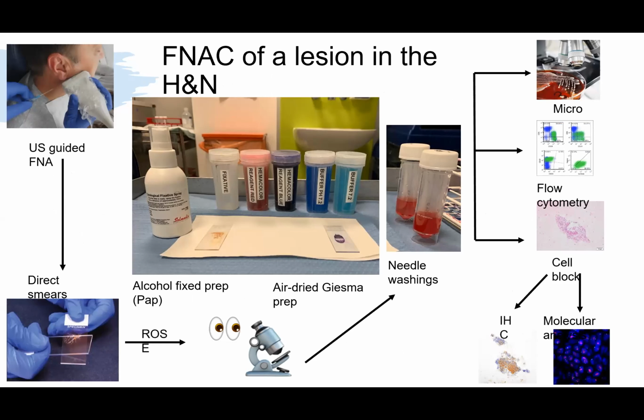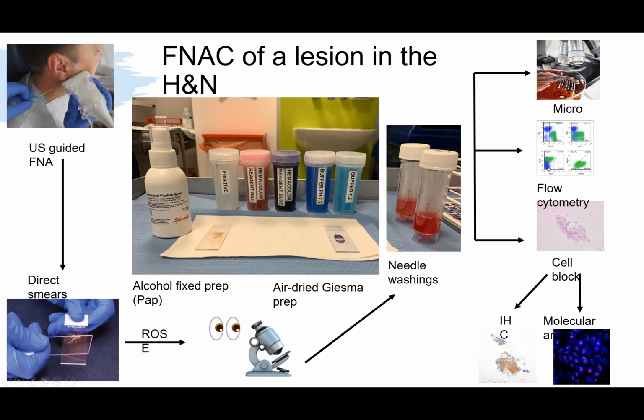So I spoke a little bit about rapid on-site assessment of the head and neck specimen. Here we like to do ultrasound-guided FNAs, in which we can look at the direct smear. We usually have an alcohol-fixed preparation that we look at once it has been prepared, but we can do a rapid on-site assessment with a Giemsa prep. Depending on the morphology, if it's inflammatory, we can send some to microbiology.